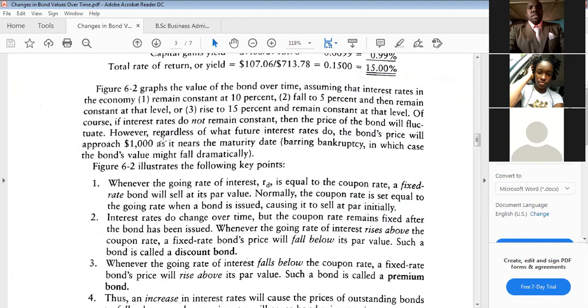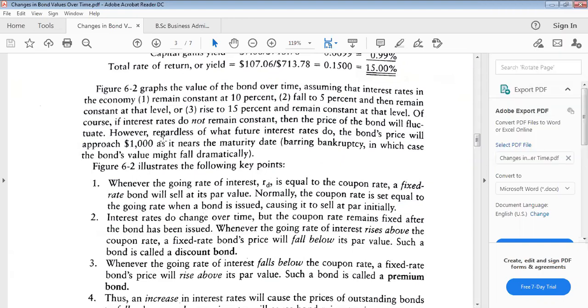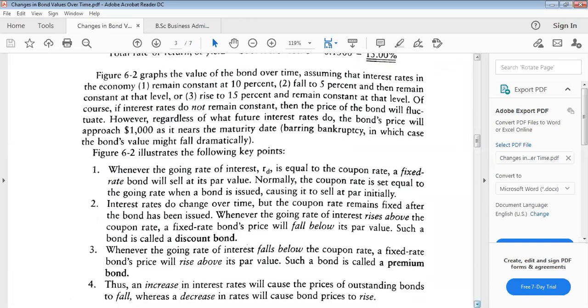And so whenever the going rate of interest, which is rd in this case, the market rate, is equal to the coupon rate, a fixed rate bond will sell at its par value. Normally, the coupon rate is set equal to the going rate when a bond is issued, causing it to sell at par initially.